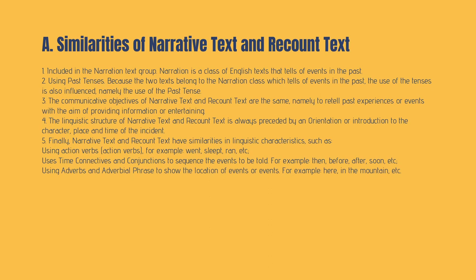Uses time connectives and conjunctions to sequence the events to be told. For example, then, before, after, soon, and many more. Using adverbs or adverbial phrases to show the location of events. For example, here, the mountain, and many more.